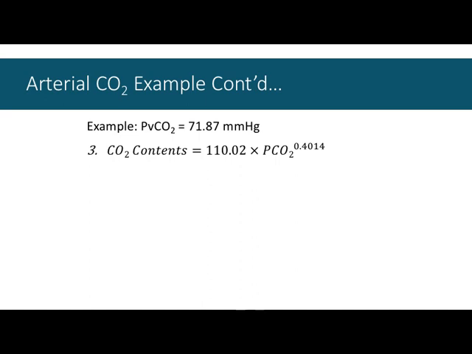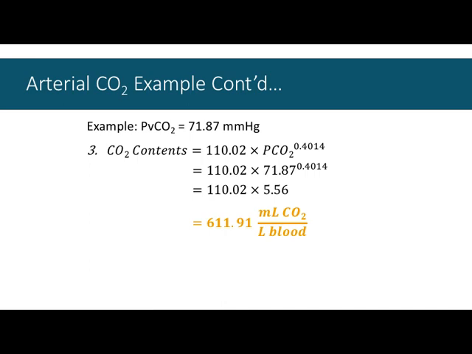The equation now is slightly different. It still allows me to input the partial pressure of CO2 directly and resolve the equation directly. But when I resolve it, I end up with mils of CO2 per liter of blood. This is the equation that describes contents in mils of CO2 per liter versus partial pressure.